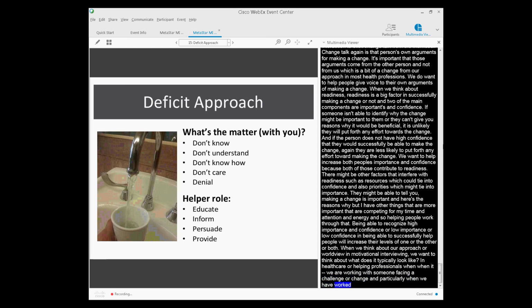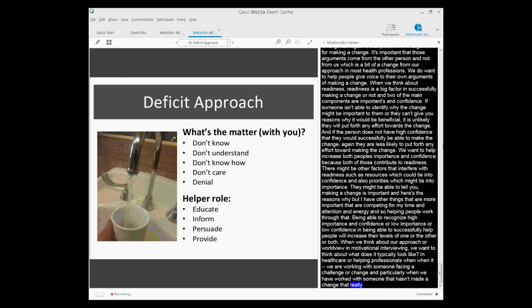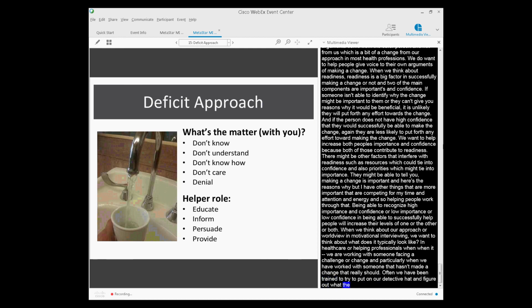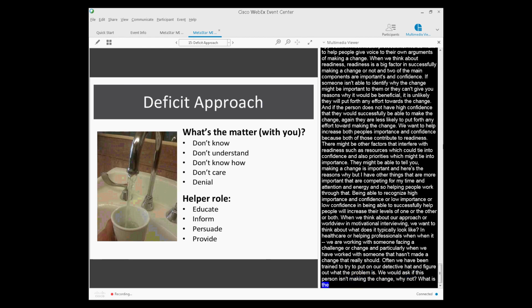Often we've been trained to put on our detective hat and figure out what the problem is. So we would ask, if this person isn't making the change, why not? What's the matter? And so often we'll make some assumptions about why that change hasn't happened yet.